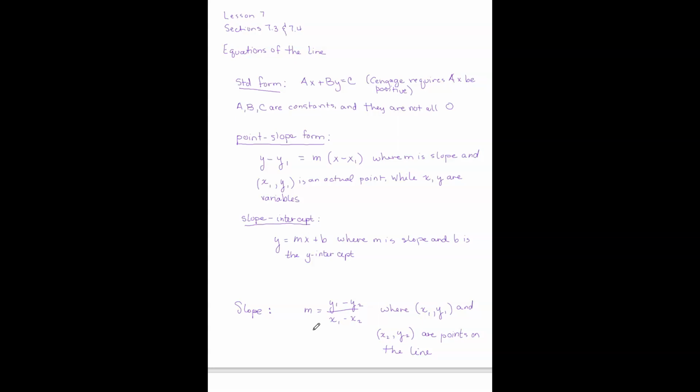Now, m is our slope, which we're going to get to how to figure that out in a minute, and our x sub 1, y sub 1, that's an actual point on the line. The x and the y, those are variables. They're generic. You're not putting in two actual points, okay? You're putting in one point and then we're solving for the other variables.